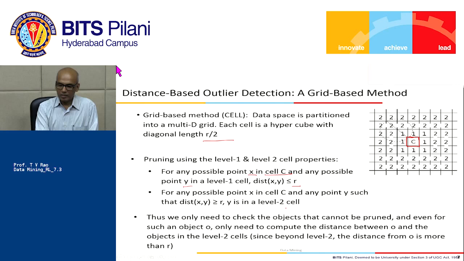But here we are going into the level 2 cells and the distance is coming to beyond r. Then again we don't need to consider this further because it's an outlier.